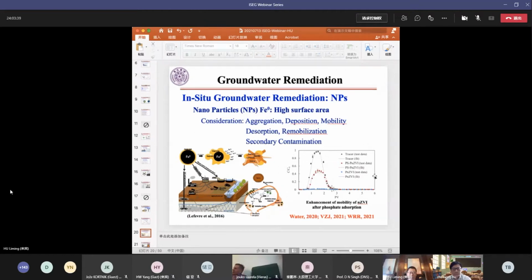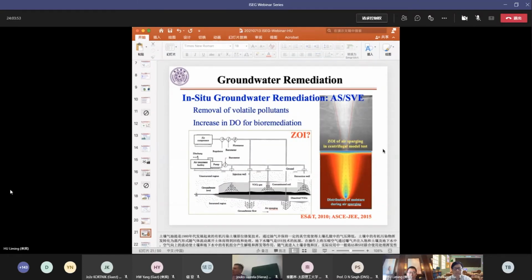This is our test result for the nanoparticles. They move fast, even faster than the solute in the groundwater. Another technology for VOCs is air sparging and soil vapor extraction.